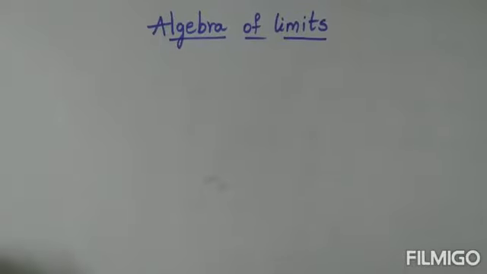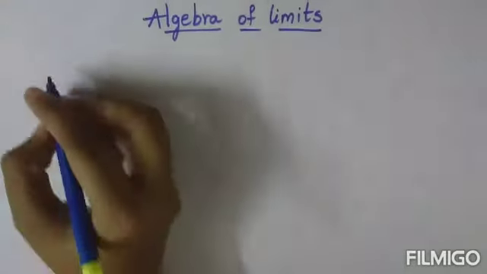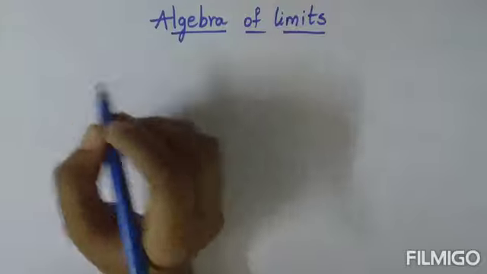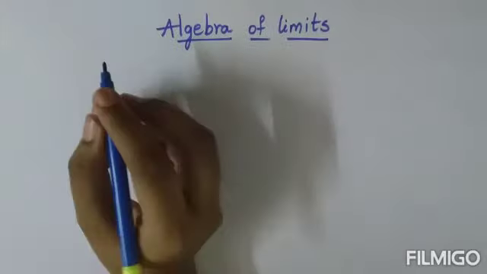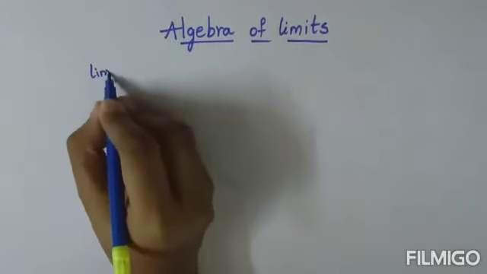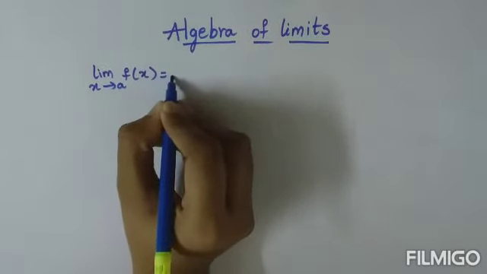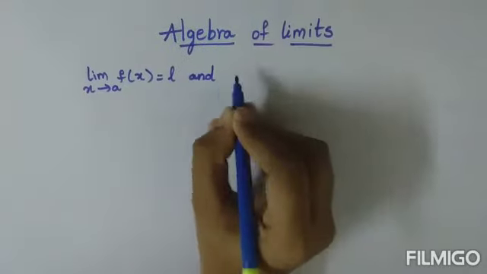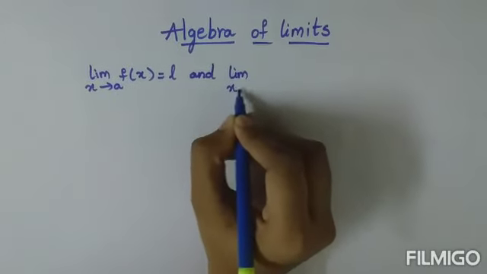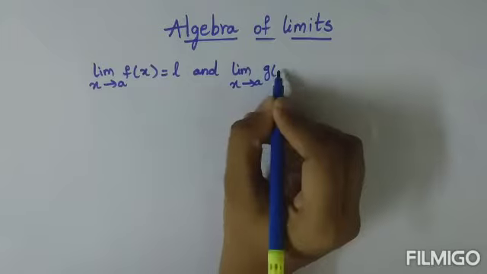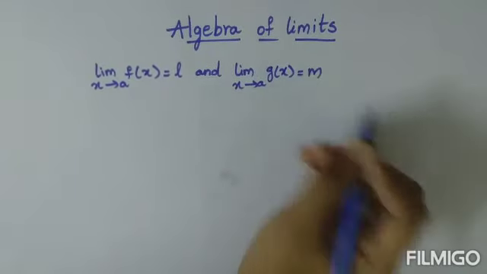Now let us see the algebra of limits. Let us consider two functions f of x and g of x such that limit x tends to a, f of x is equal to L, and limit x tends to a, g of x is equal to m.